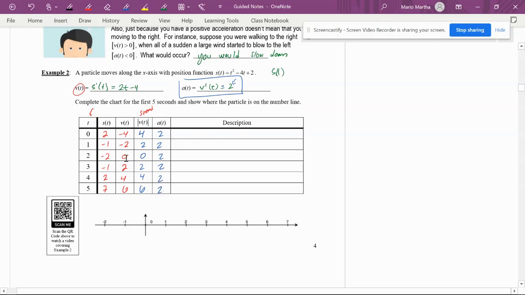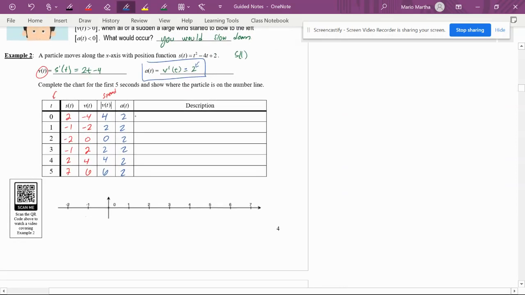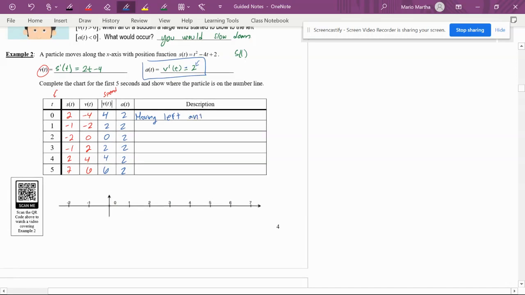Now we're going to describe what happens in each of these situations, right? So the velocity is negative and the acceleration is positive. So again, they're opposing signs. So in this case, I'm moving to the left, right? Moving left. And it's being pulled to the right.